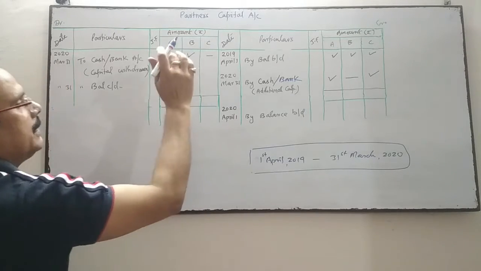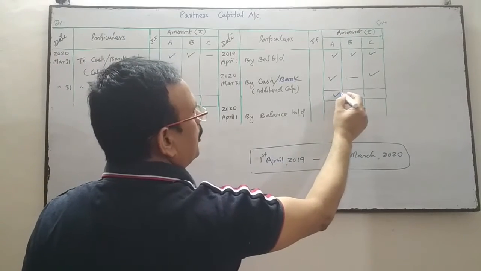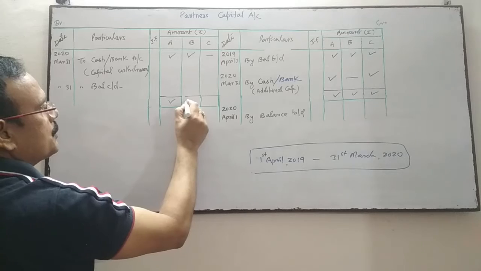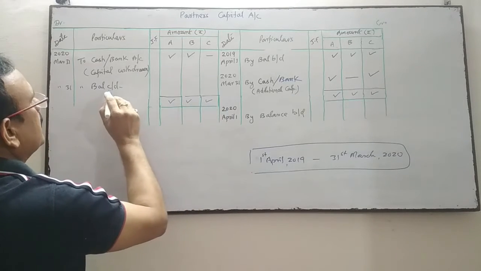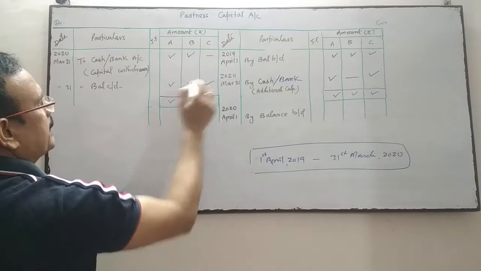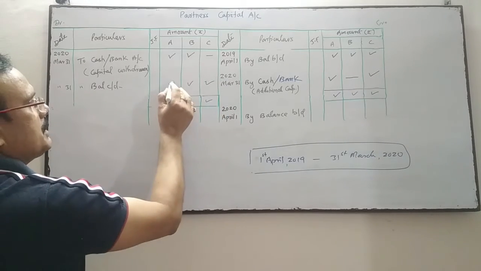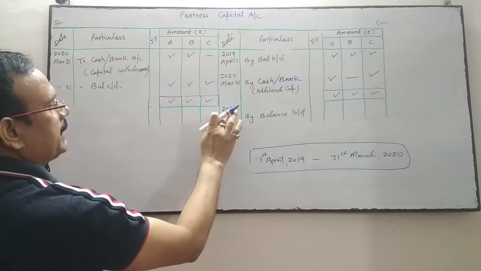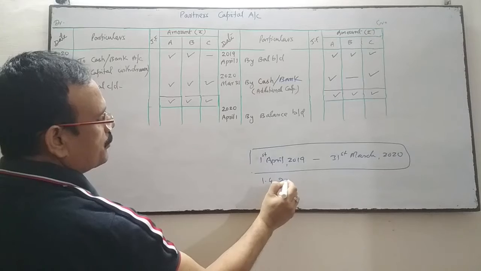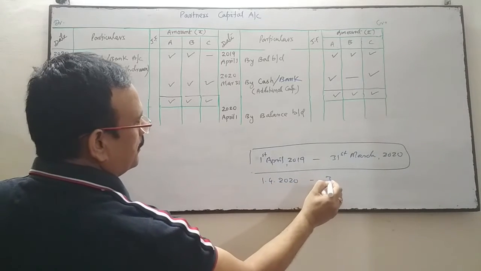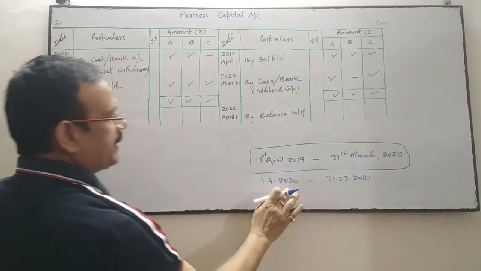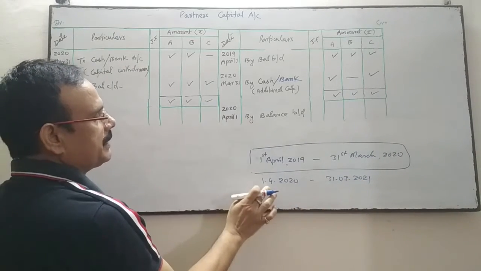We'll write this here. Now what we do is take the total of this side. We will write the same total over here and find out the balancing figure. This balancing figure will be brought down in the next financial year, 1st April 2020 to 31st March 2021, on the first day of this financial year.